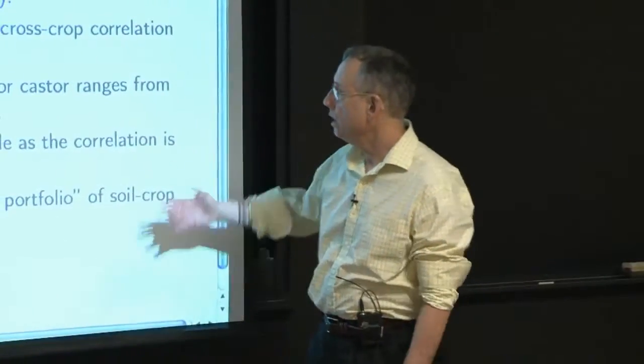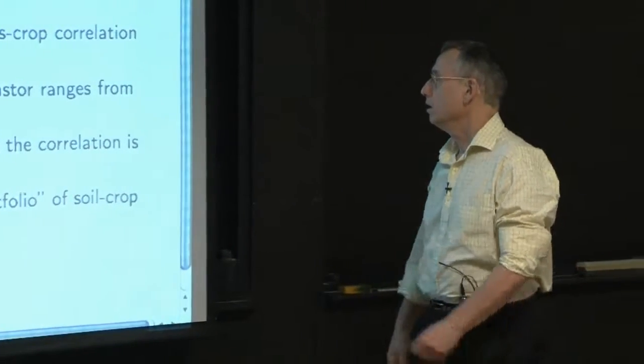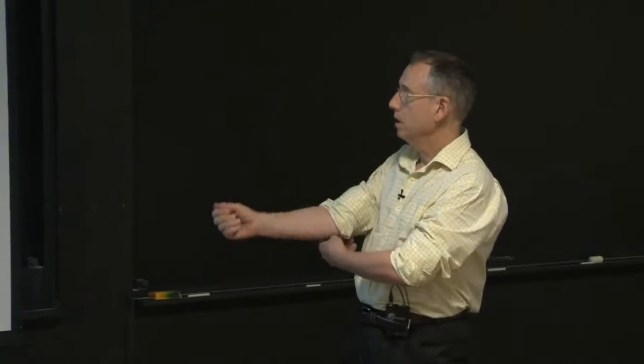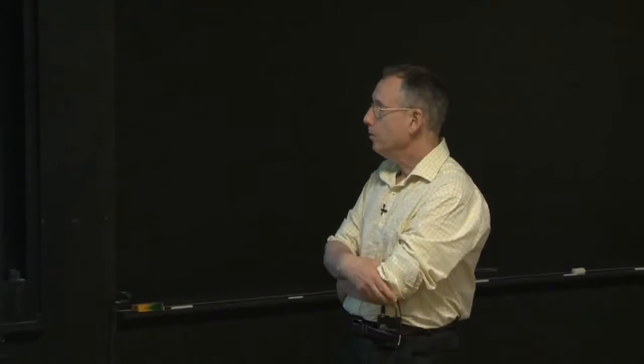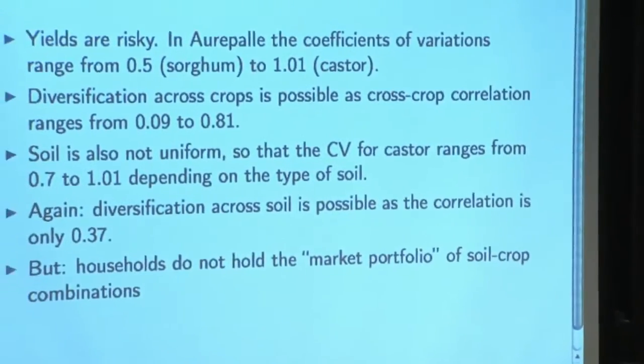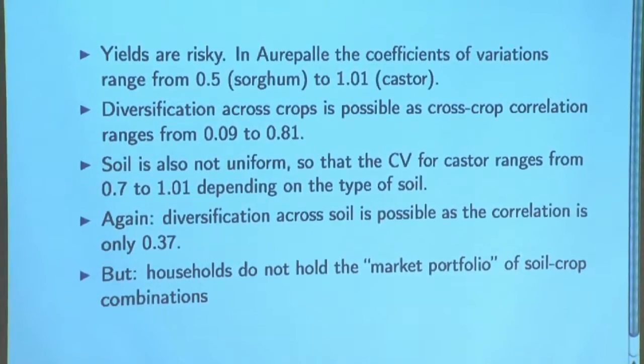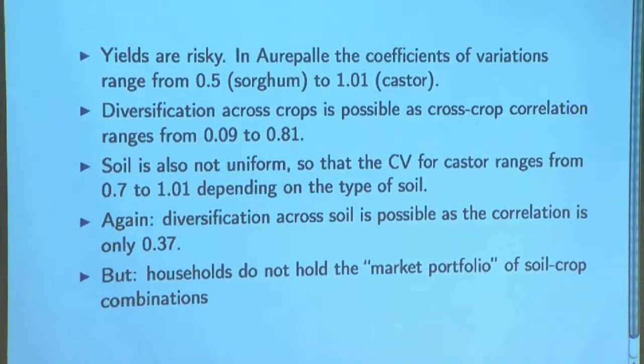So these are high-risk environments. Of course, you could diversify across these crops. That helps. Depending on the pair of crops that you pick, the cross-crop correlations could be as low as 0.09 or something much higher. A low number is a good thing because you can spread your risk.